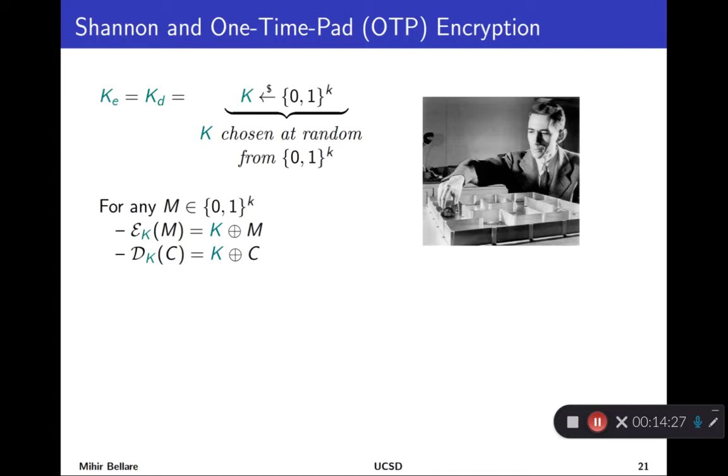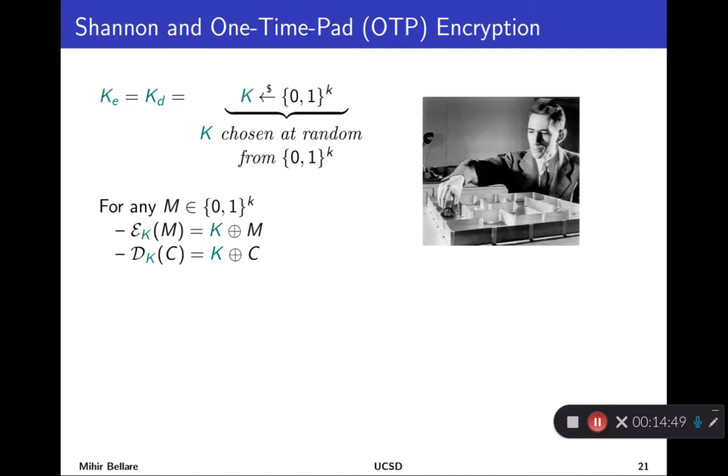For example, if k is 1,000, it's all 1,000-bit strings of zeros and ones, which means there are 2^1000 things in the set. Then this notation means that this particular string, k, the key, is drawn at random from that set. So it's equally likely to be any string, and that means that each bit is equally likely to be 0 or 1.